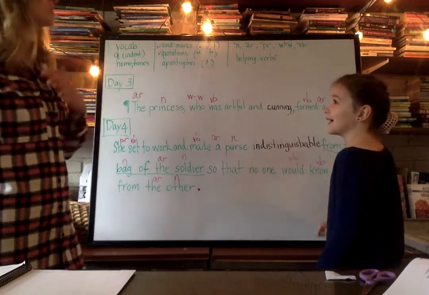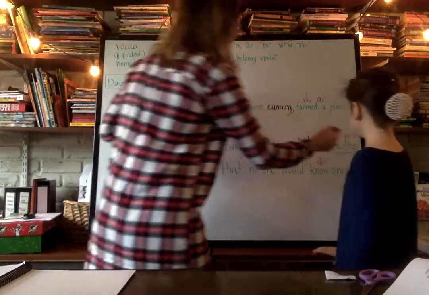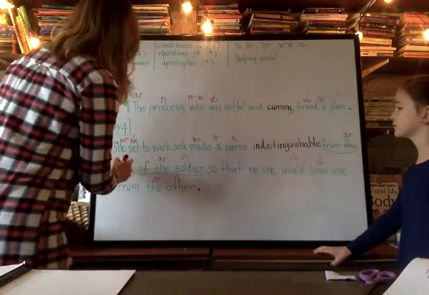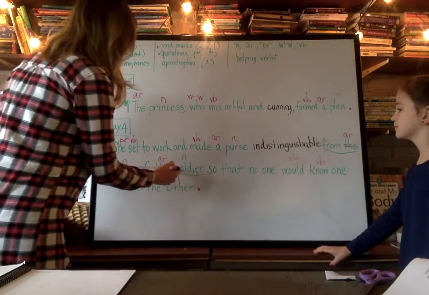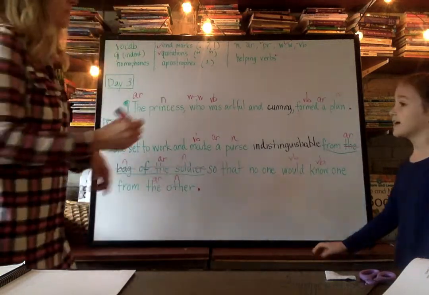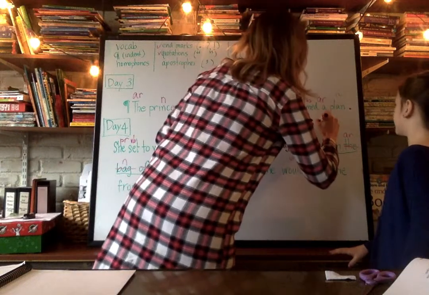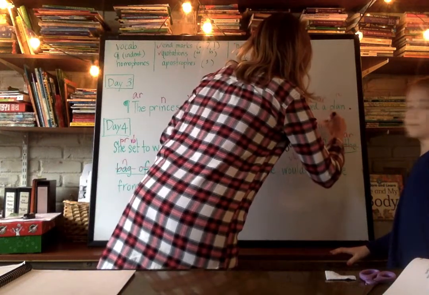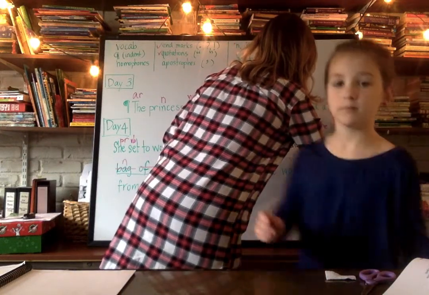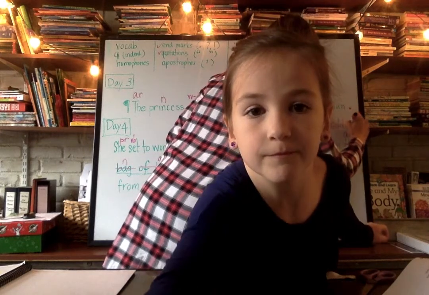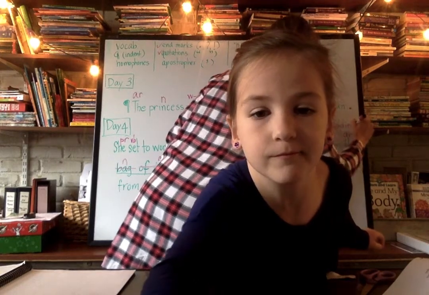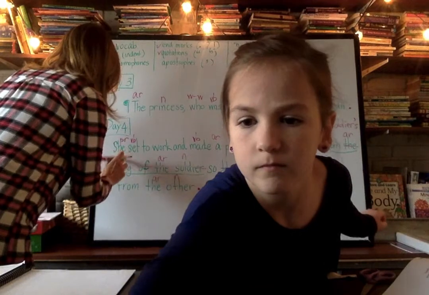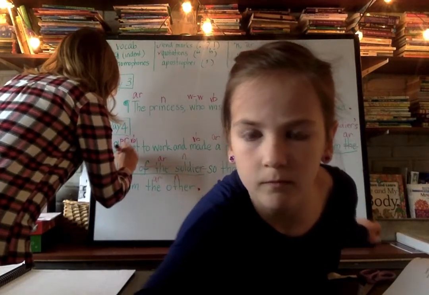The soldier's bag. Very good. Okay, so I'm going to mark out the bag of the soldier, and we're going to come over here. I'm going to write it, honey. The soldier, S-O-L-D-I-E-R, apostrophe S. The soldier's bag.